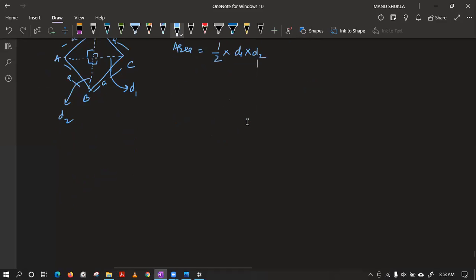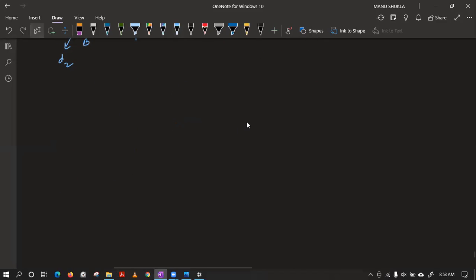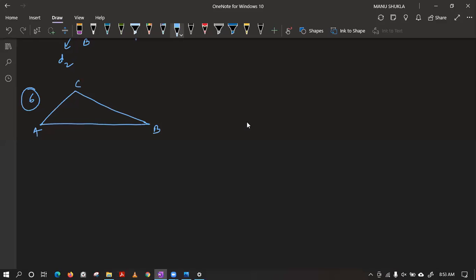Now the next one after rhombus, I think we should start another triangle. Yes, Harshul, it is correct. Now in the case of triangles, the first is the general one, a general triangle like this. In triangles also we need to have a height.